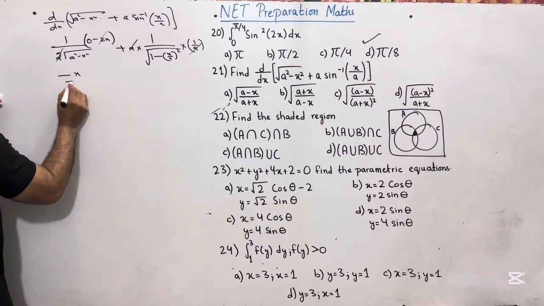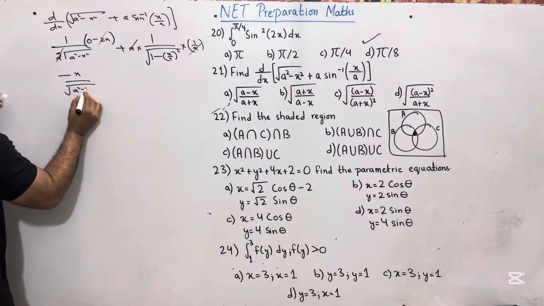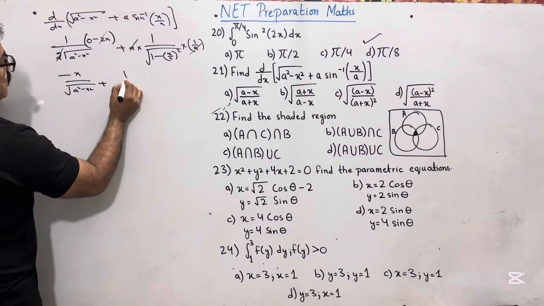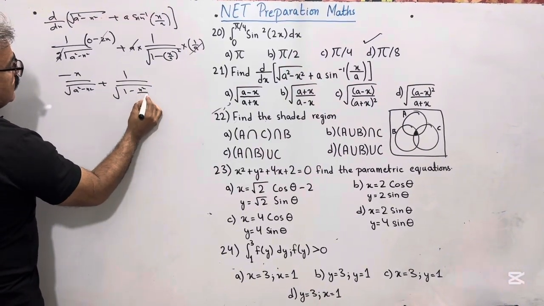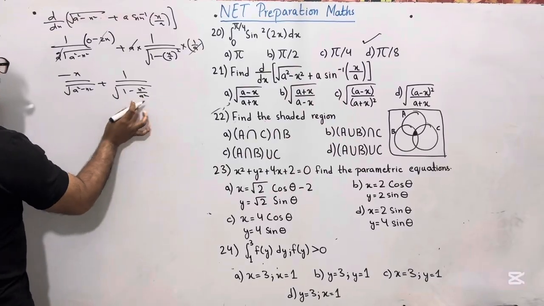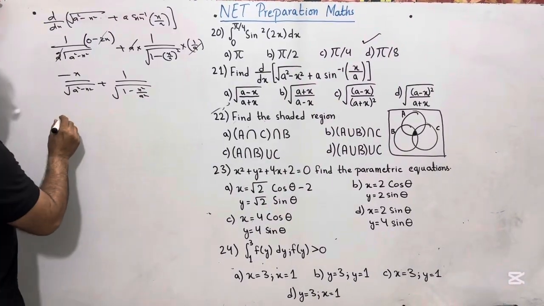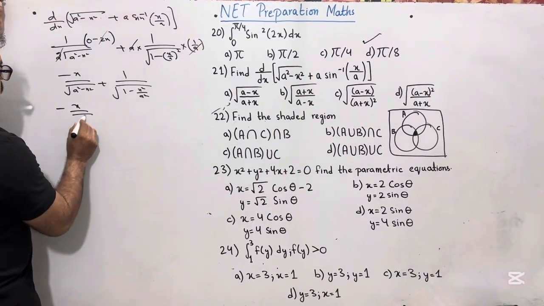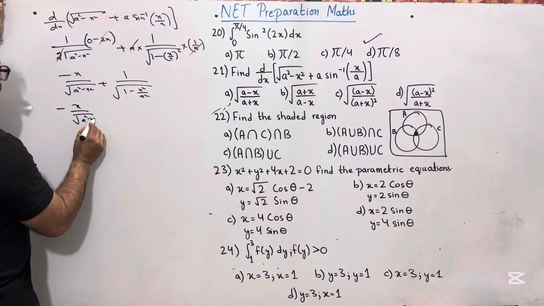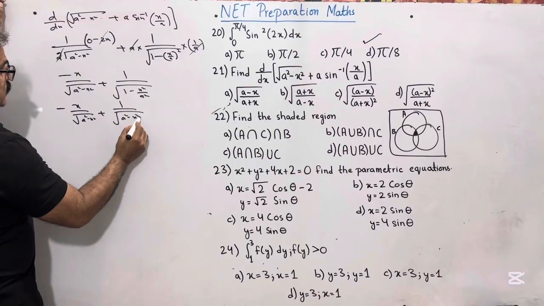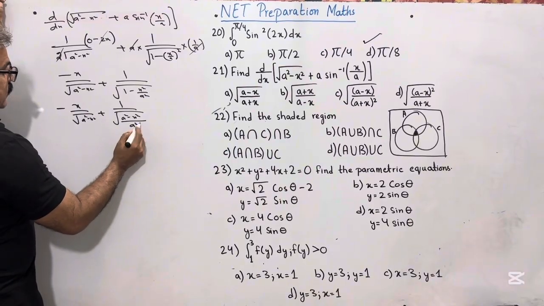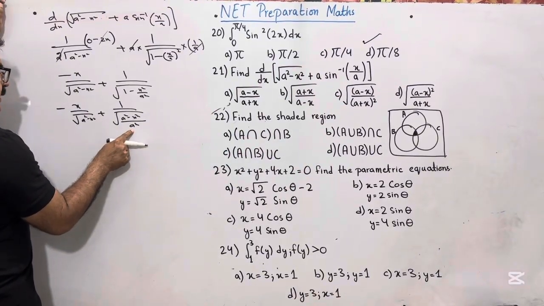We are left with minus x over square root of a square minus x square, plus 1 over, open this up, it will be 1 minus x square over a square. Simplifying this one, we have minus x over root of a square minus x square, plus 1 over square root of a square minus x square over a square.